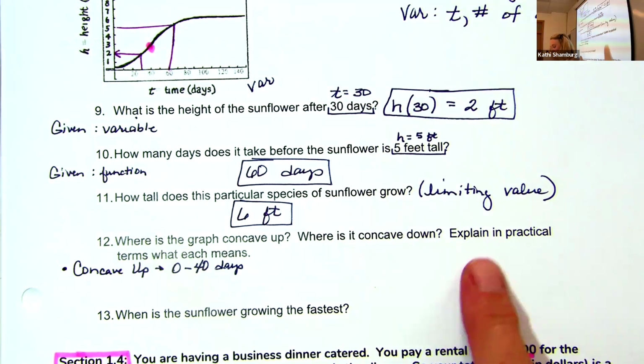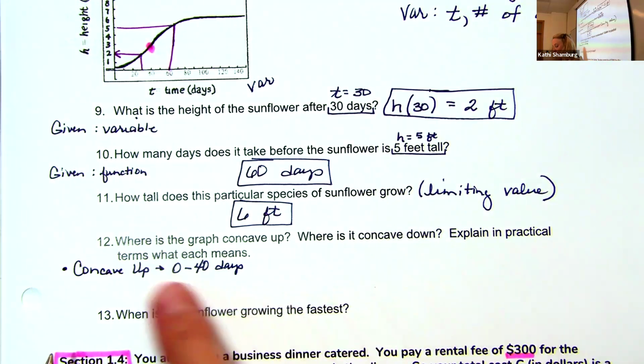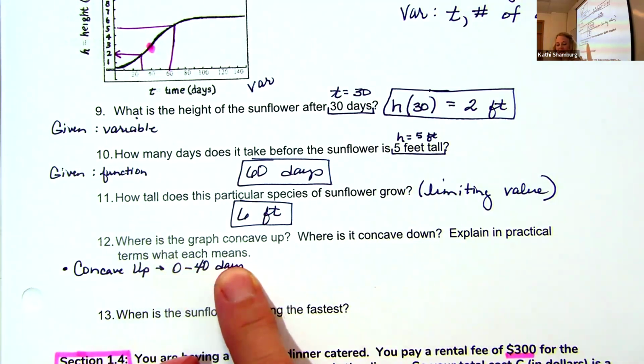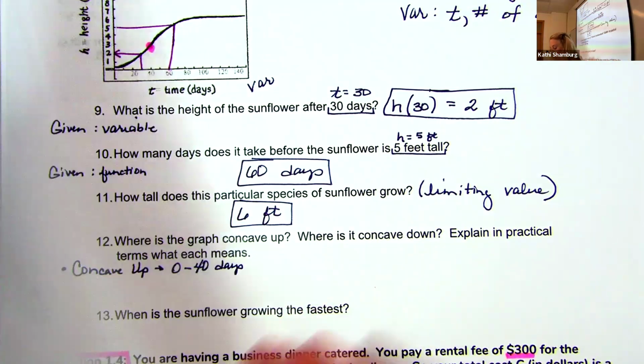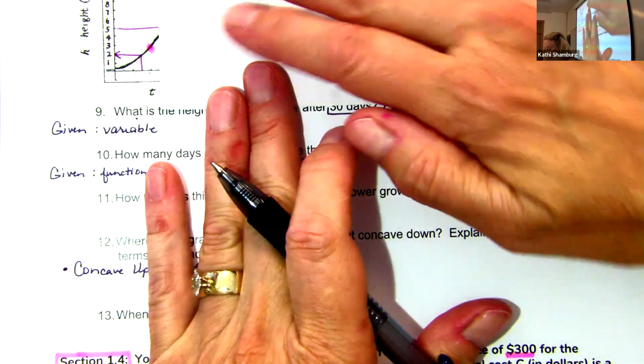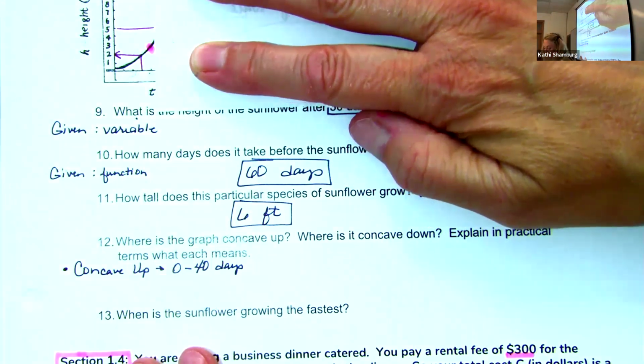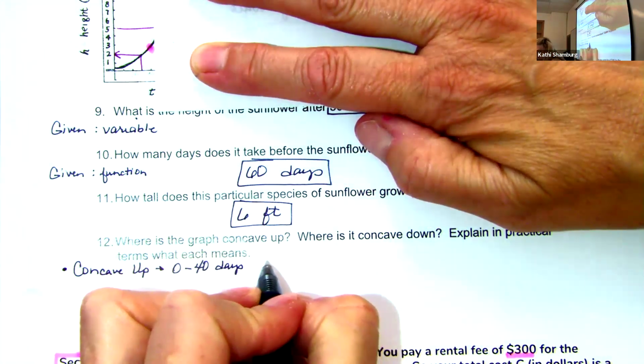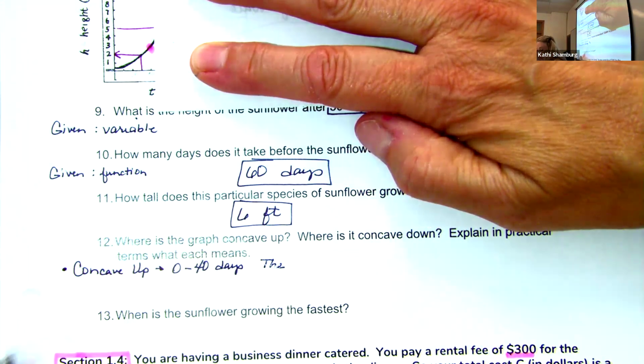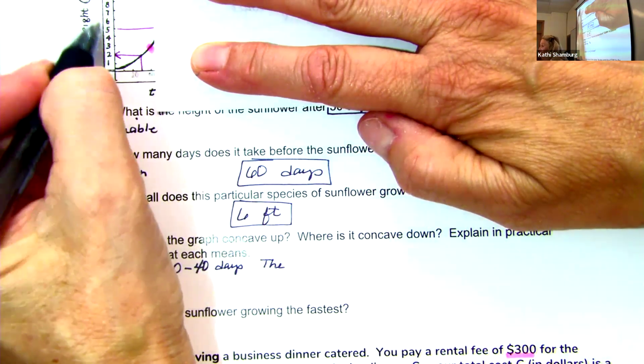All right, then it wants to know, explain in practical terms what each means. Okay, so we're only looking at concave up part. So this is where we say the what? Not the graph, not the function. Read what the function is. It's the height.